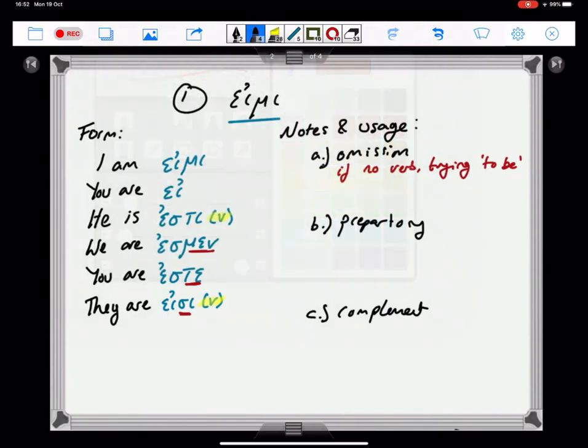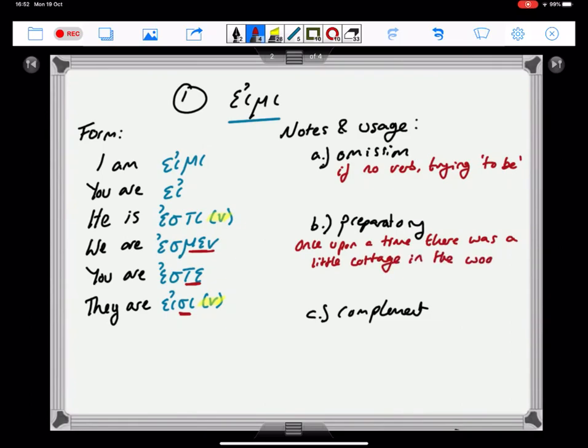Much more interesting is the preparatory use. This is once upon a time, there was a little cottage in the wood. This is how you might start off a parable, for example, and it'll be very normal for you to see there was or there is starting off a kind of parable story narrative, where the esti is going to be the first word in the sentence, setting things up.